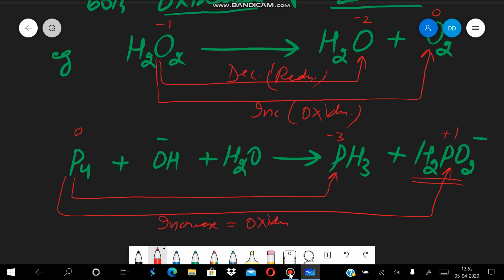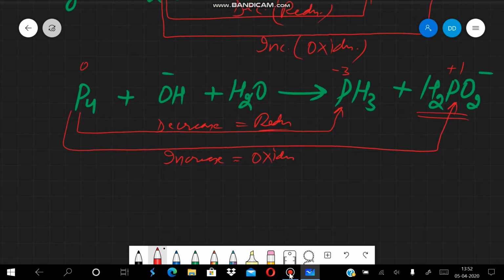And when it changes into phosphine, it undergoes a decrease in oxidation number, that means it is undergoing reduction. So such kind of processes in which the same element undergoes both oxidation and reduction simultaneously are called disproportionation reactions.